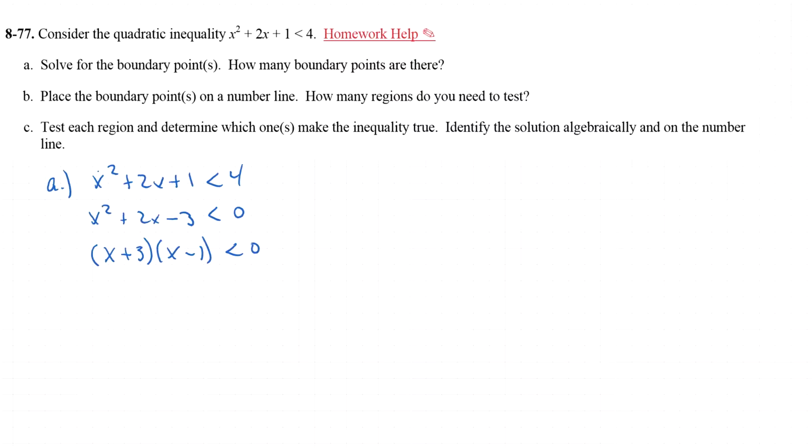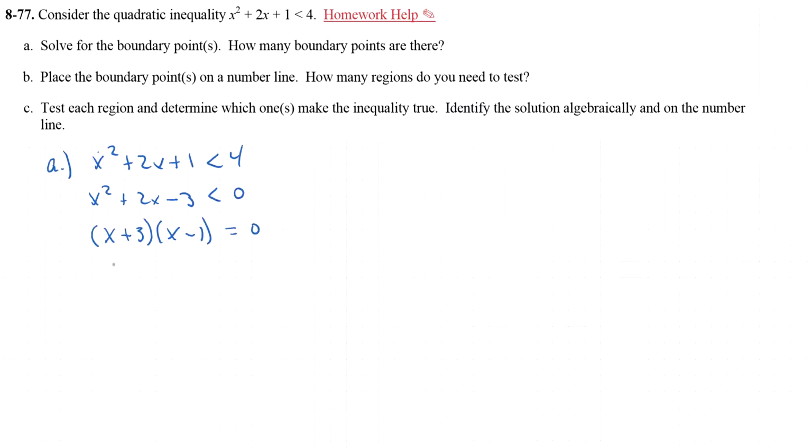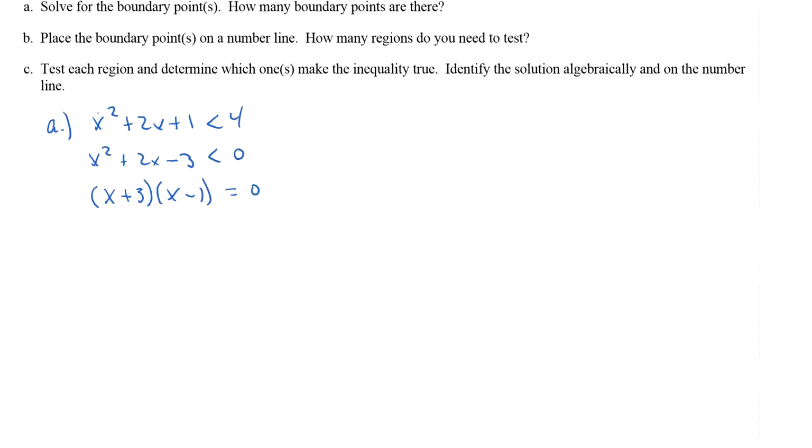And then I'm just going to use equals. So x plus 3 equals 0, so x equals negative 3, and x minus 1 equals 0, and x equals 1.